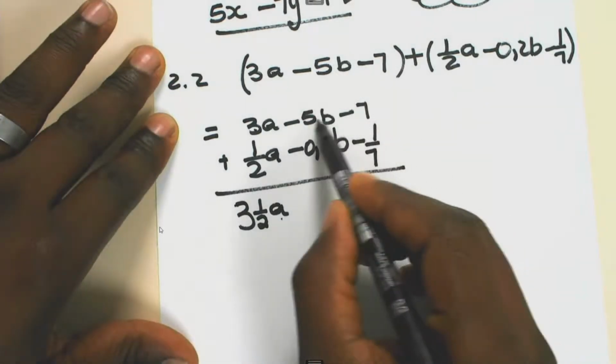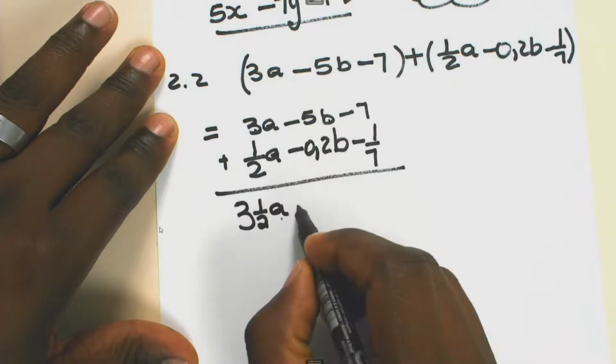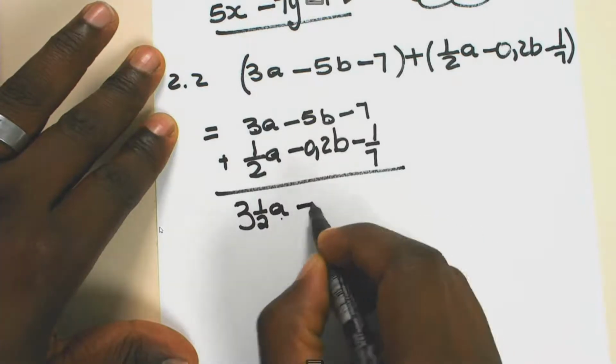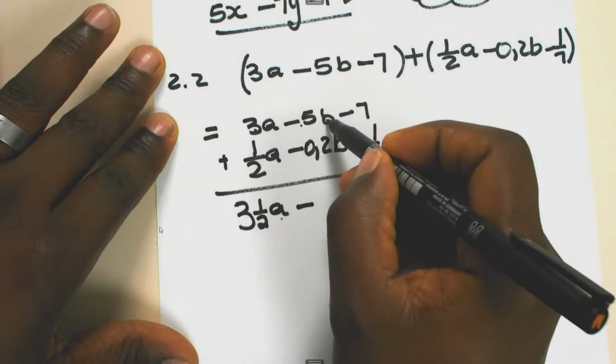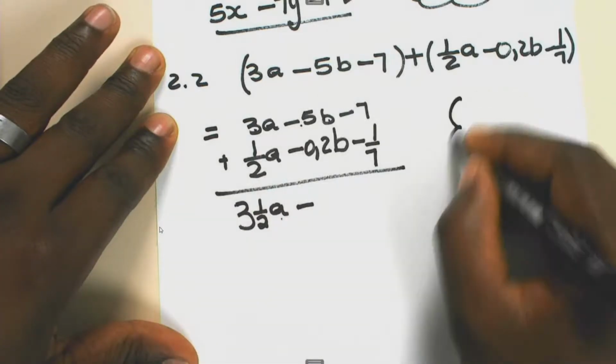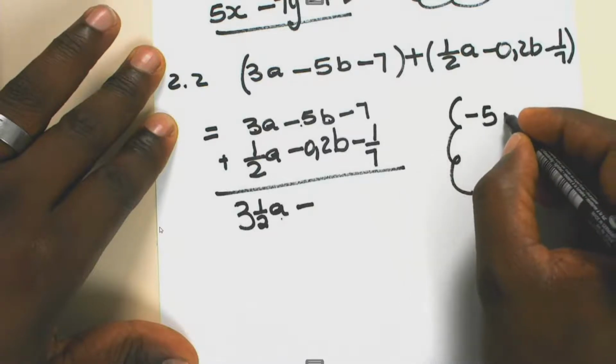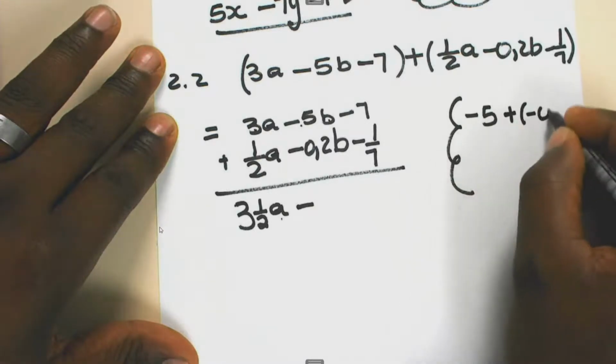Then negative 5b minus 0,2b, it will give you how much? Negative 5b plus negative 0,2b. Be very careful. It will be negative 5 plus negative 0,2.